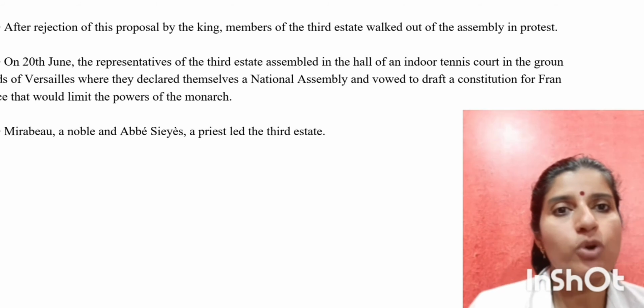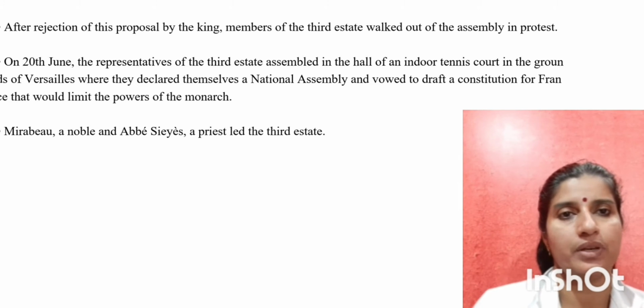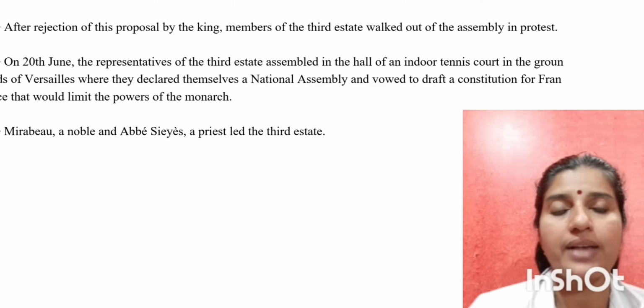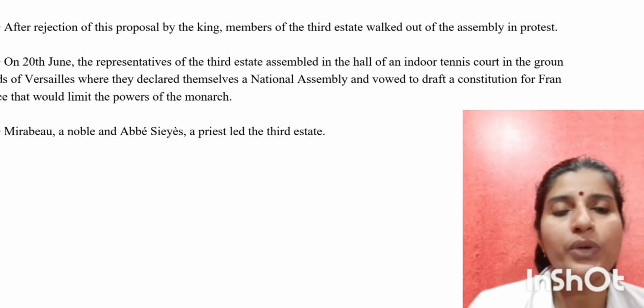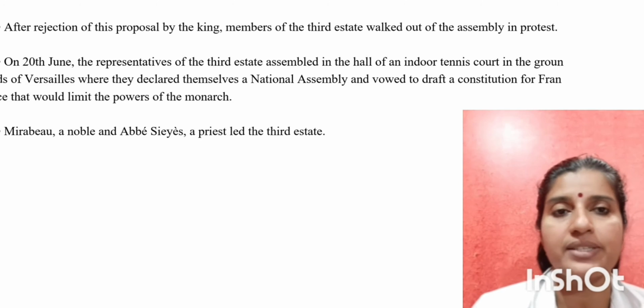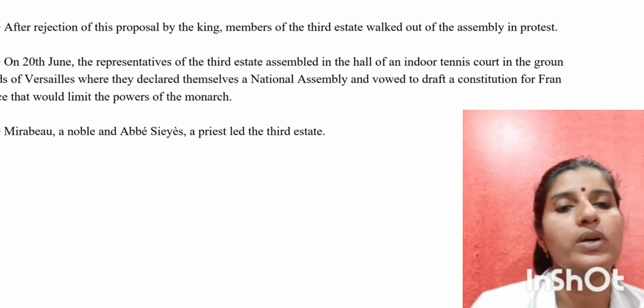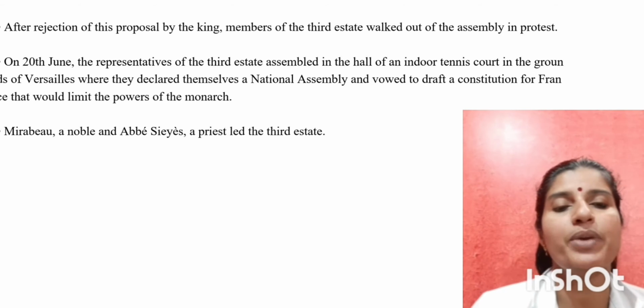Then on 20th June, they assembled in the tennis court. They declared themselves as National Assembly and swore not to disperse till they had drafted a constitution for France that would limit the powers of the monarch. This incident came to be known as Tennis Court Oath.